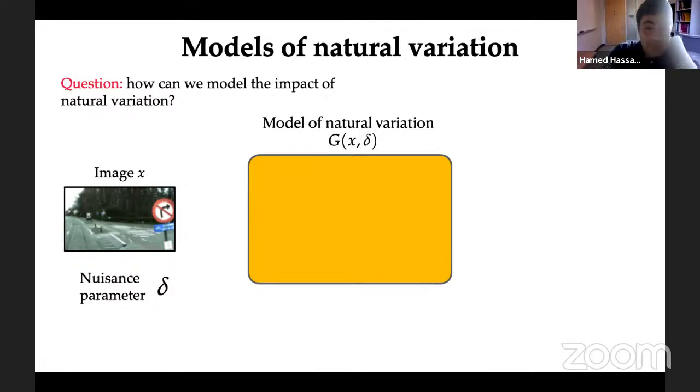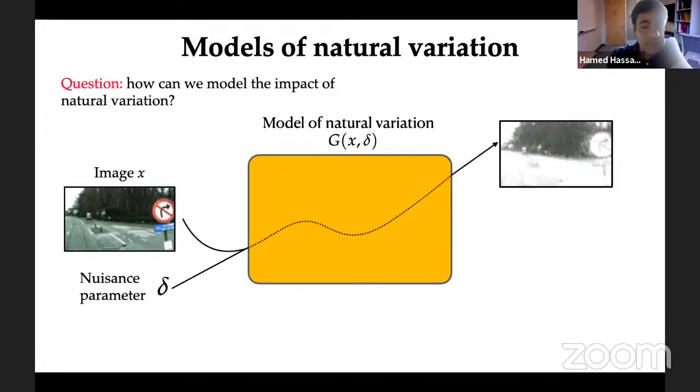And so the way we think about this function is as follows. If you take the image x with one specific value for the nuisance parameter, the model would create one image with some level of natural variation.